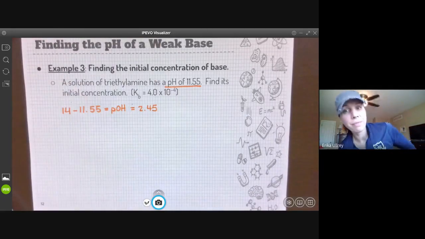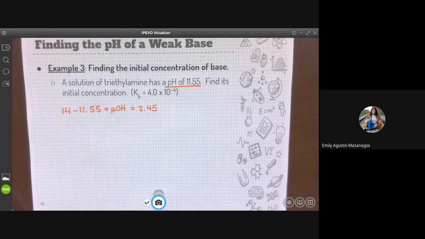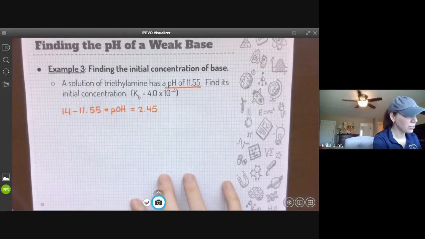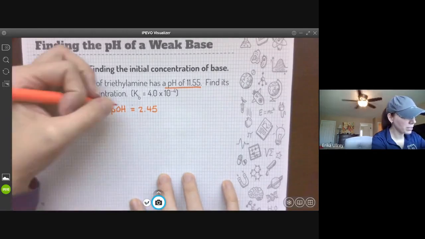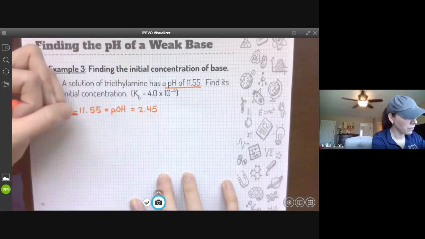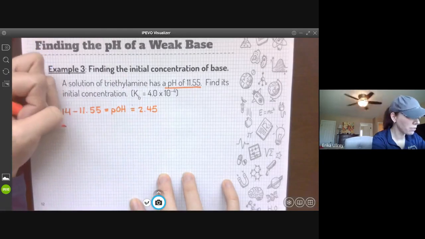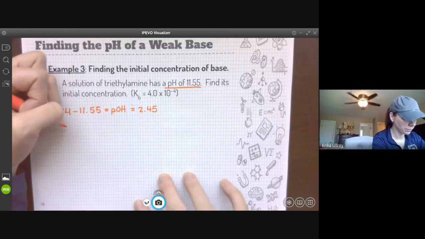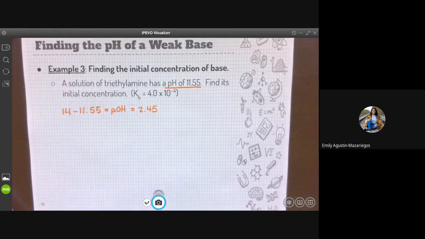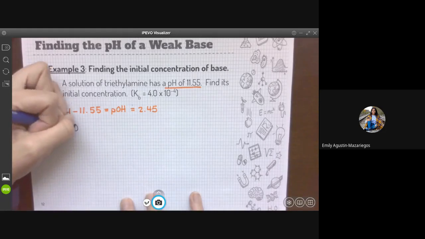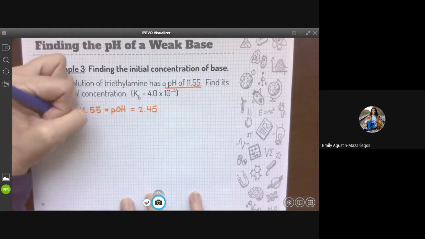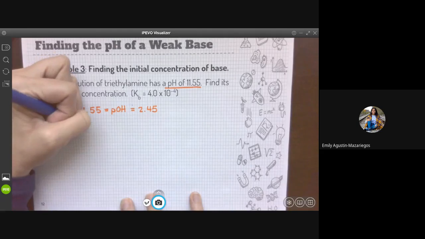So Emily, why'd you do that? What's your next move? To convert the POH to the concentration of OH minus. Yeah, absolutely. So what this is going to allow us to do is, now that we have POH, we can go to concentration of OH. So how would you do that, Emily? Would it be 10 to the power negative 2.45? Yes, ma'am.